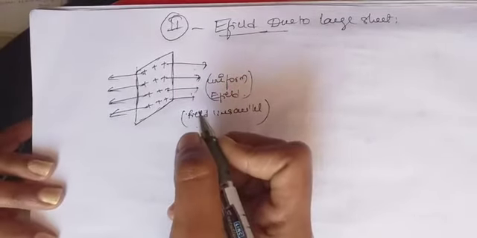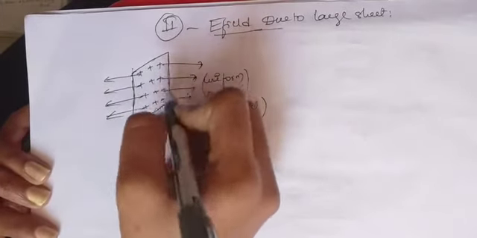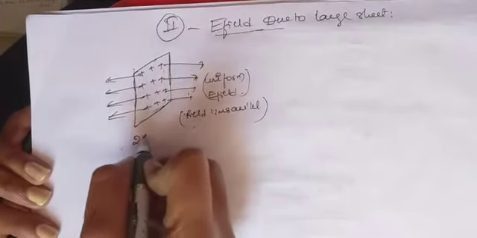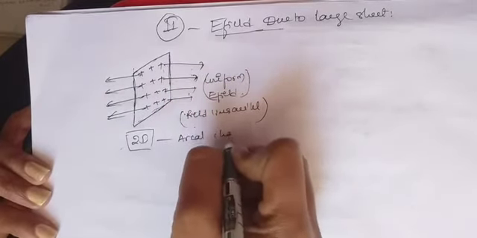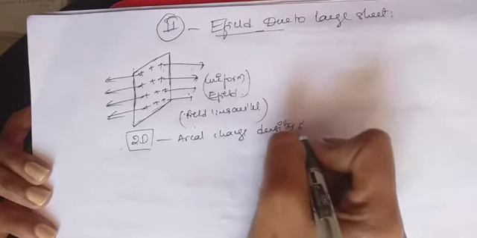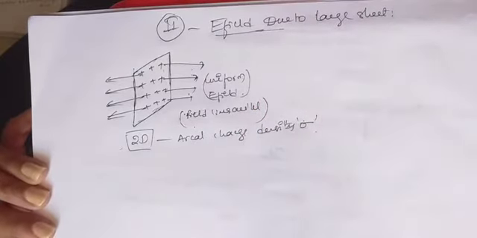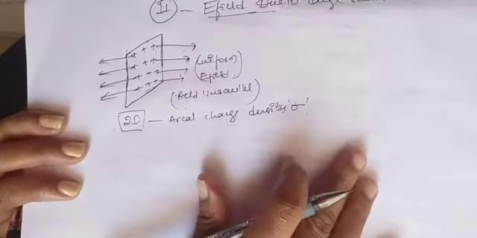Now here the sheet is a surface, which is two-dimensional. So here we have to use the areal charge density, that is sigma.